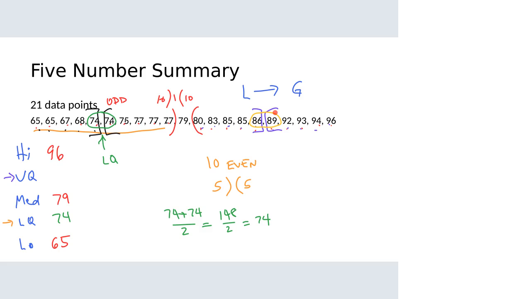which is going to be the mean of those two numbers, 86 and 89. Some of you may be very comfortable saying, well, okay, halfway between those is 87.5. Excellent. That's fine. If not, it's perfectly fine to say, well, I want the mean of those. That's 86 plus 89 over 2.